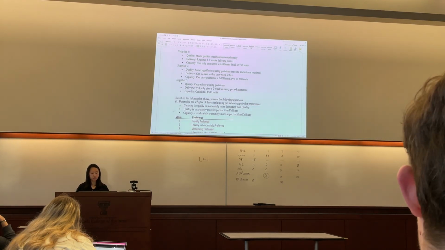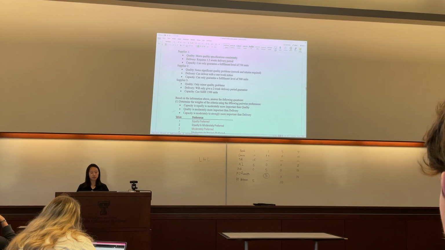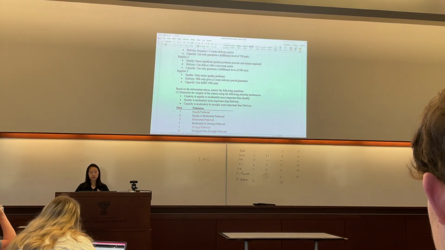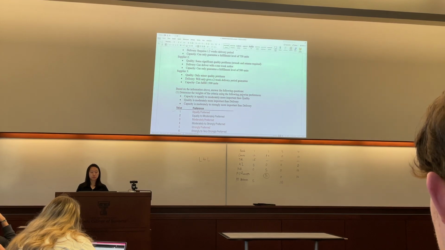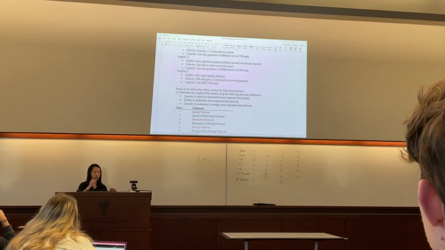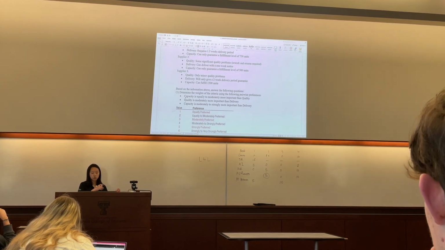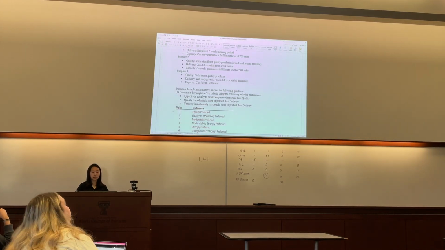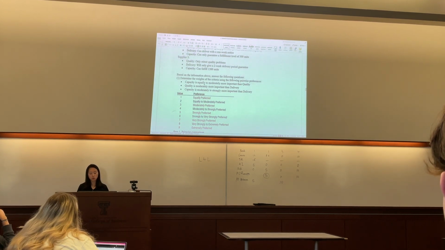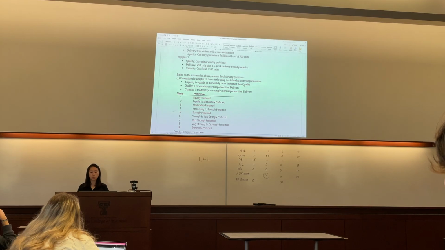And based on the information, you answer the following questions. You need to determine the weight of the criteria using the following pairwise preferences. I will tell you when you compare one criterion with the other, which one is more preferred and by how much preferred. For example, capacity is equally to moderately more important than quality.